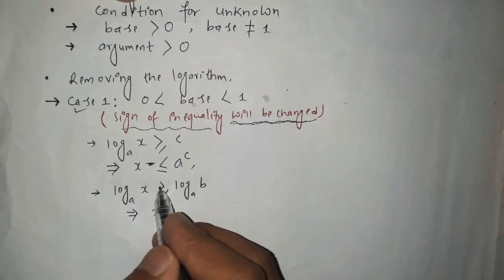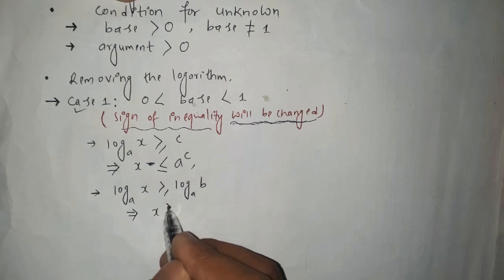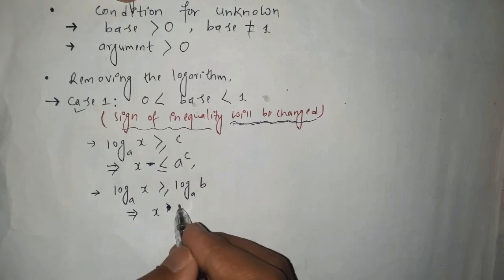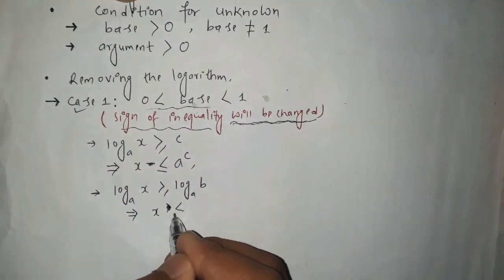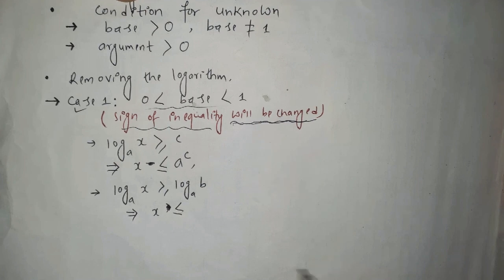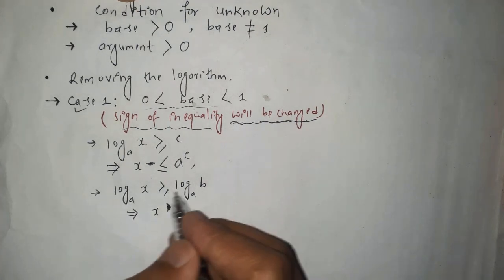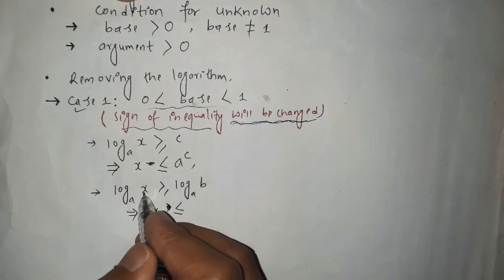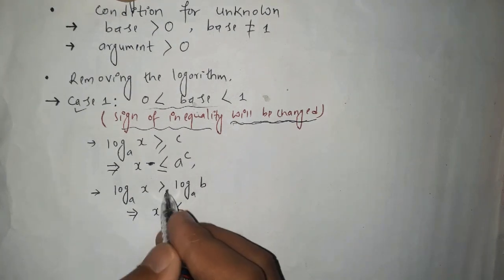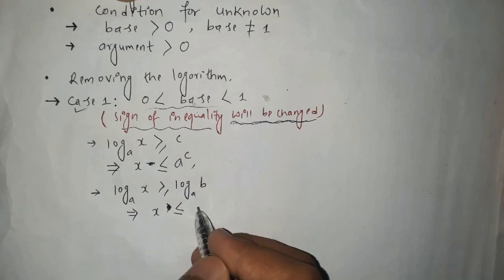Here the sign is greater than or equal to, so we make the opposite sign, less than or equal to, and the same logarithm is cancelled out, leaving x less than or equal to b.